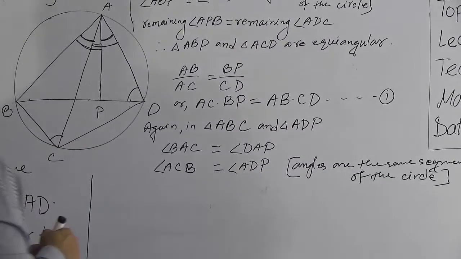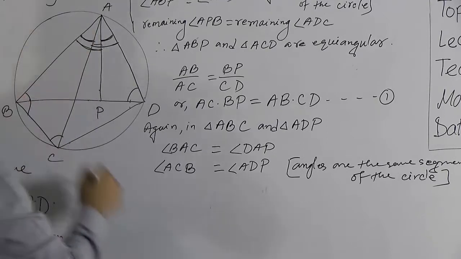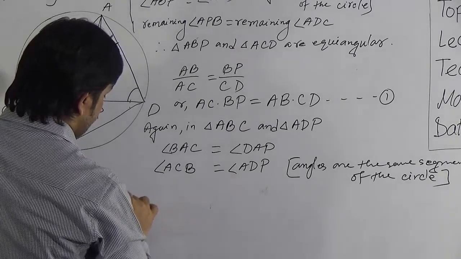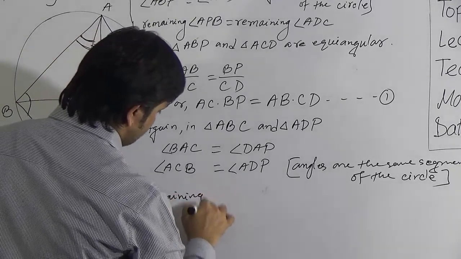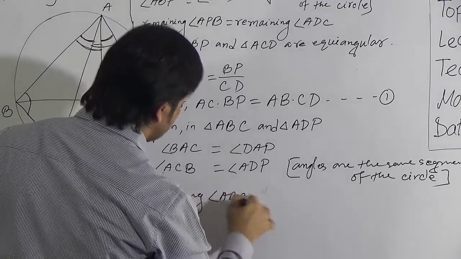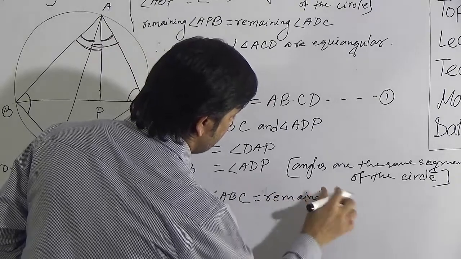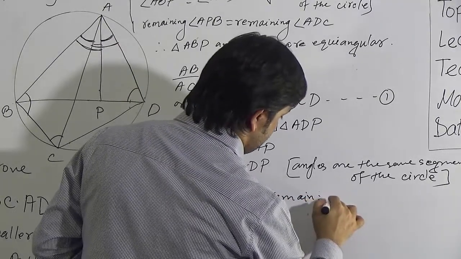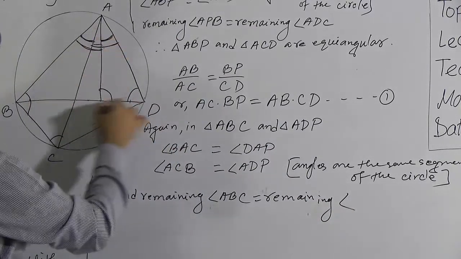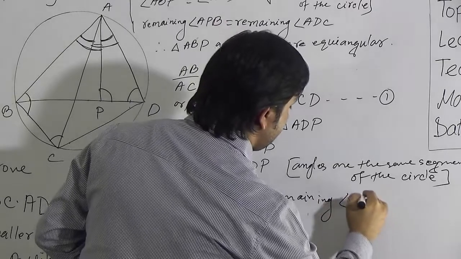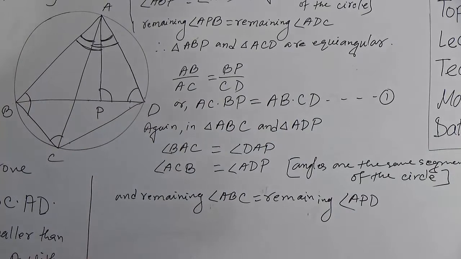Now what is the remaining angle here? In triangle ABC, the remaining angle is ABC, and it is equal to the remaining angle, which is APD.